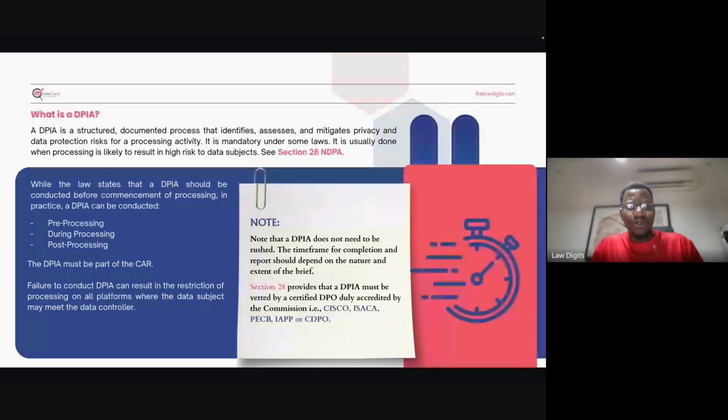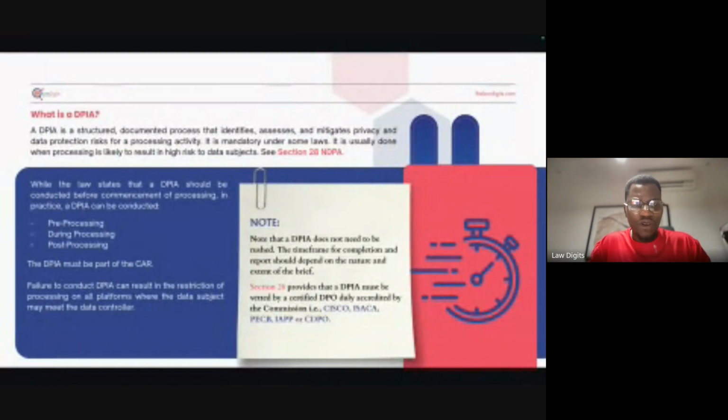If you don't know how many platforms I have, how will you know? How will you block me? Or if my platforms are not in your country, how will you do that? For instance, Telegram. If they don't conduct the DPIA in Nigeria, how will NDPC go after Telegram and block their platform? So those are questions that need to be asked when it comes to the actual implementation of the law. I hope you got that.